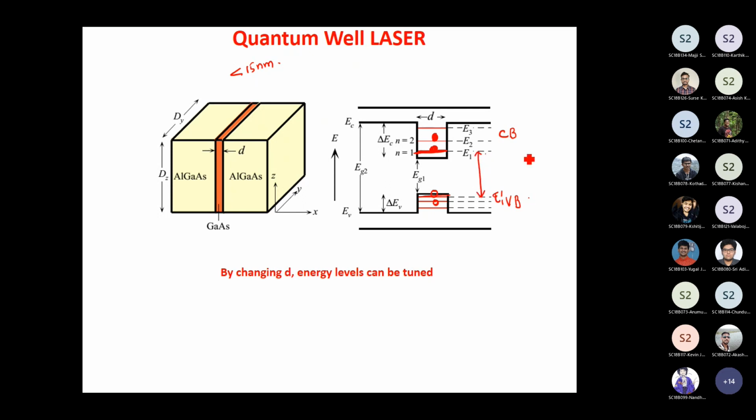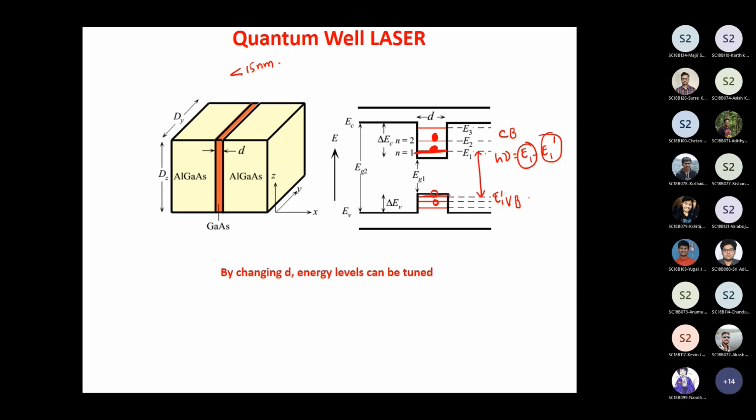That means E1 minus E1 prime would be the energy of the photon emitted from this quantum well structure. How do you adjust E1 and E1 prime? Simply by adjusting D. At the time of fabrication, you can decide the width of this quantum well, and that width decides the emission wavelength coming out from this laser.